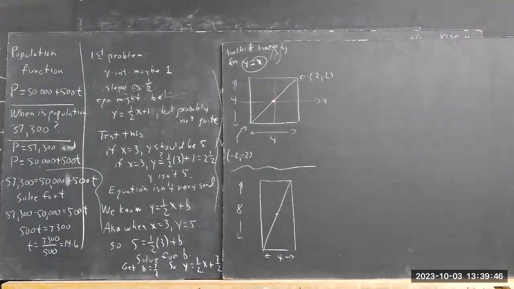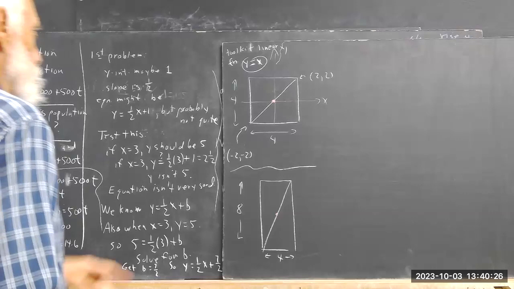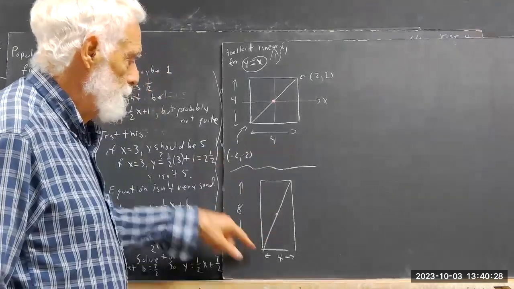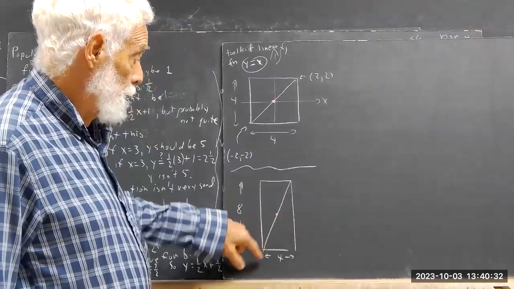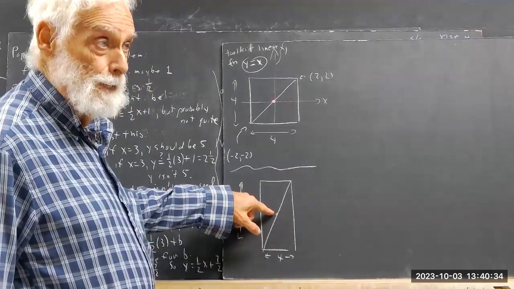Now, what transformation did we just do? How much vertical stretch was there? If we construct it in an 8x4 rectangle, same rule, upper right-hand to lower left-hand with the red dot in the middle.